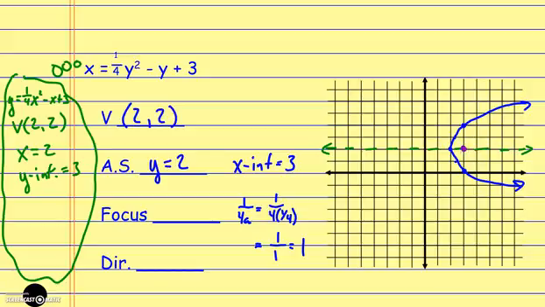So I can see my focus is the point 3, 2. The directrix would be in the opposite direction, so I would go 1 in the other direction and go here. It has to be perpendicular to the axis of symmetry, so that's going to be a vertical line. And now you can see the equation of that is x equals 1.